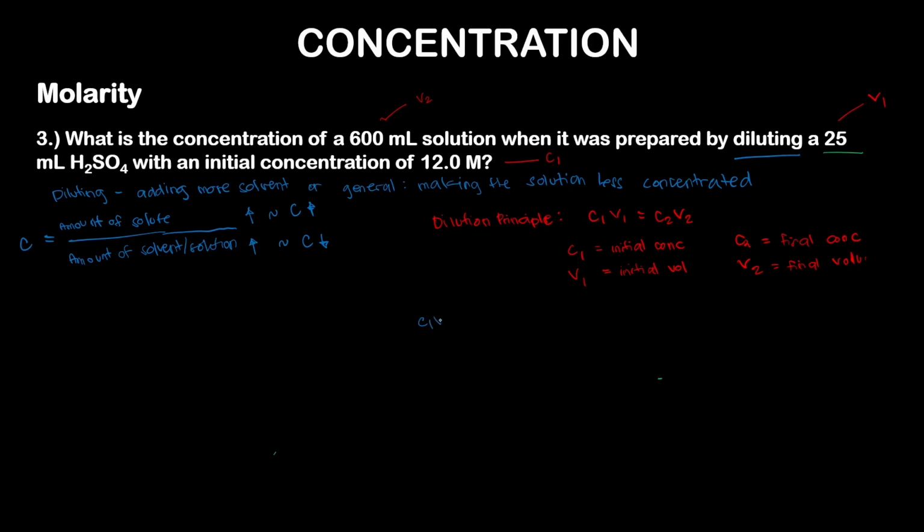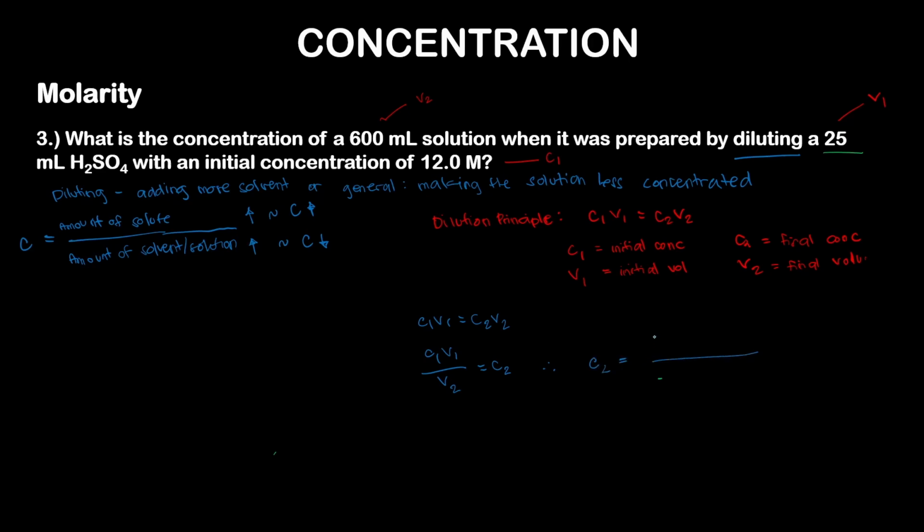So C1 V1 equals C2 V2. This would be C1 V1 over V2 equals C2. Therefore, C2 equals what?